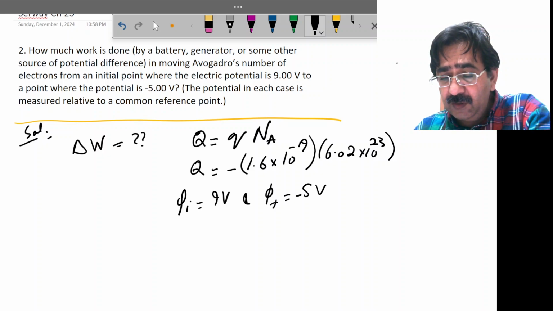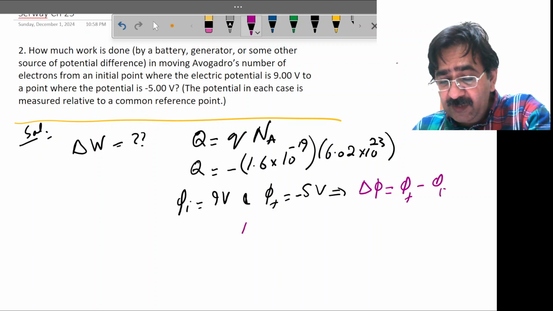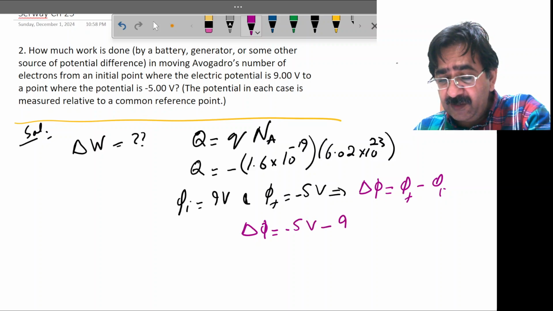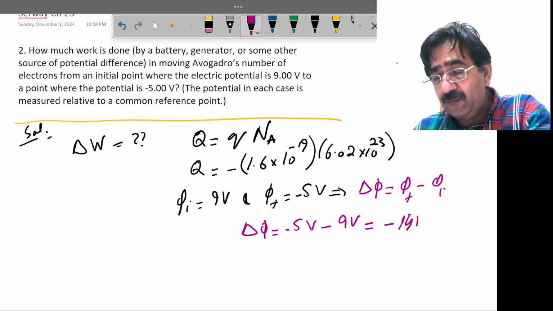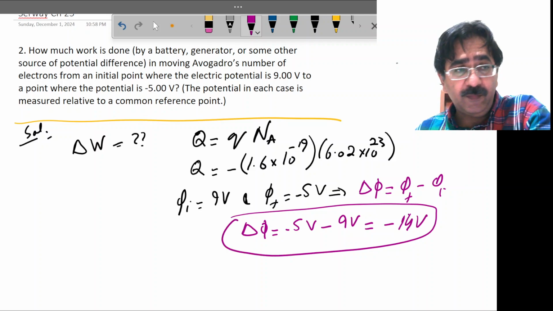So delta phi is equal to phi f minus phi i, which is minus 5 volt minus 9 volt, that will be minus 14 volt. That will be the potential difference.